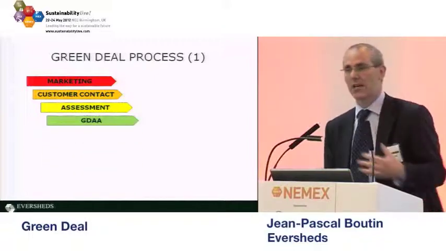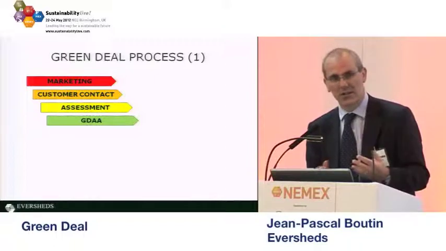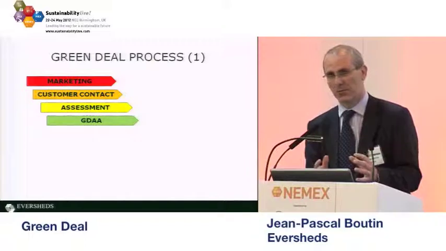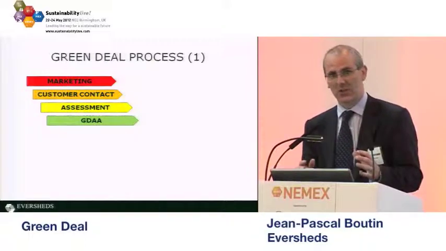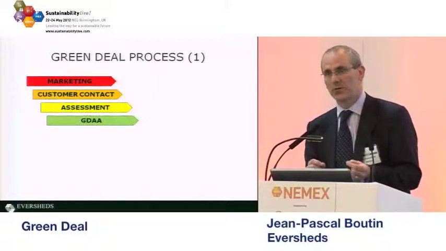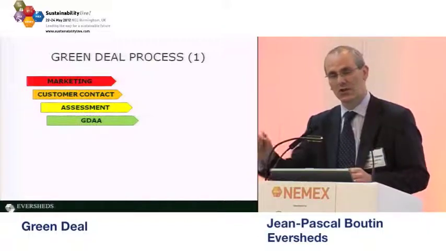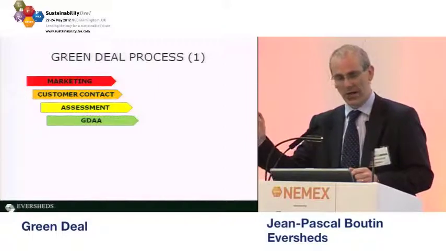So then essentially the tender process starts, and there's what's called the Green Deal Arrangements Agreement, and this is the national agreement between the Green Deal providers and the electricity suppliers. And under that agreement there's an opportunity for the Green Deal provider to check the history of electricity payments for that householder.